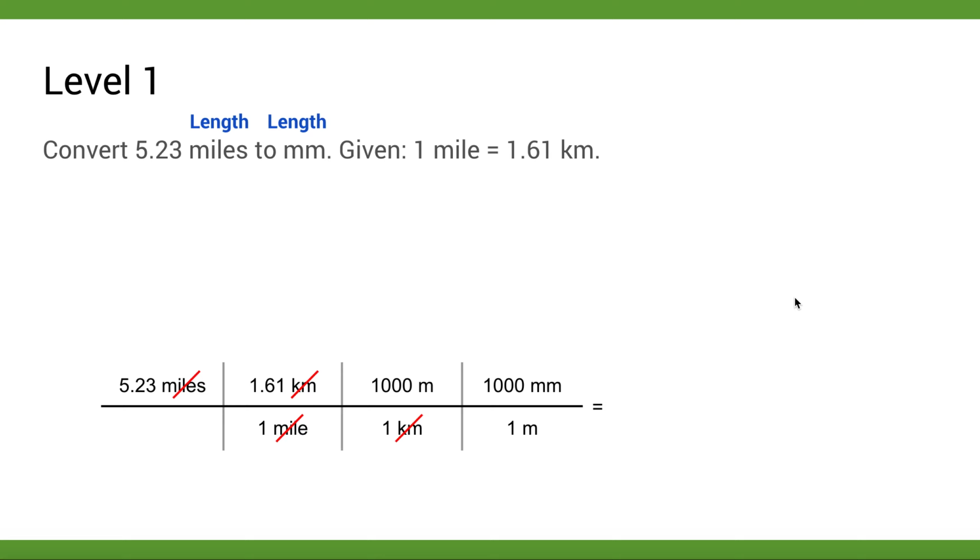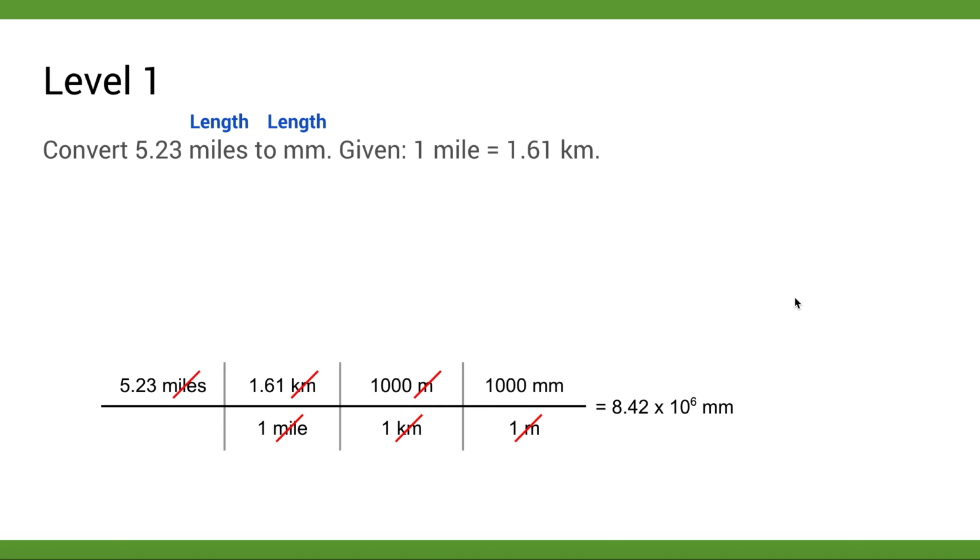If the units are not canceling out, then you know something might not be correct, and if you do everything correctly, the only unit that is left should be the unit that you want. In this case, this is the millimeters. Now we are comfortable, smiley face right here, and we can use our calculator and start computing.